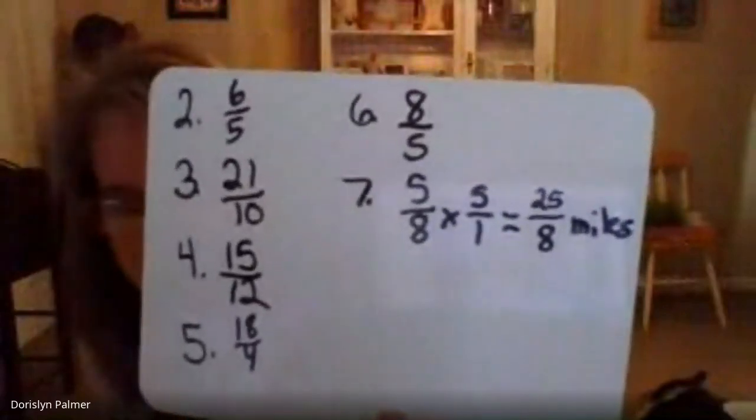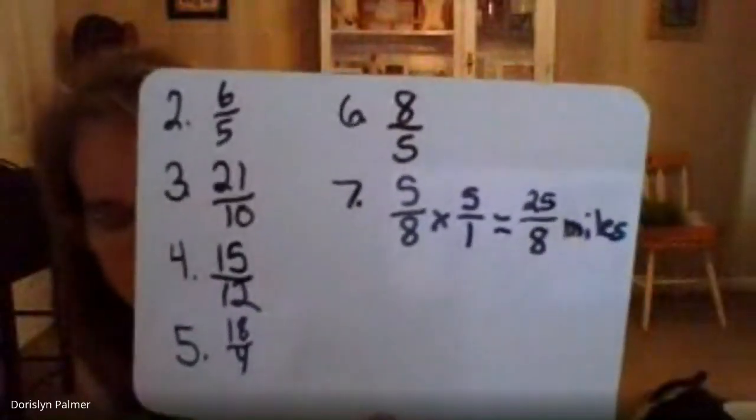Emily uses 2/3 cup of milk to make 1 batch of muffins. How many cups of milk will she use if she makes 3 batches of muffins? What do you think, Erin? 6/3. Good.